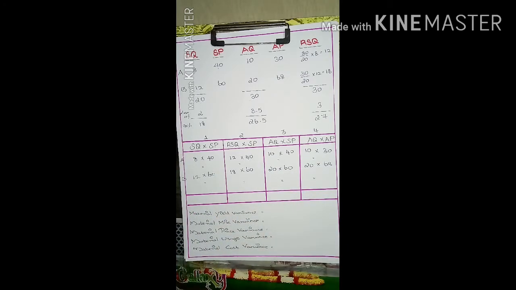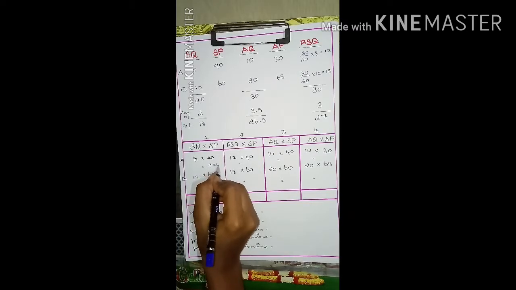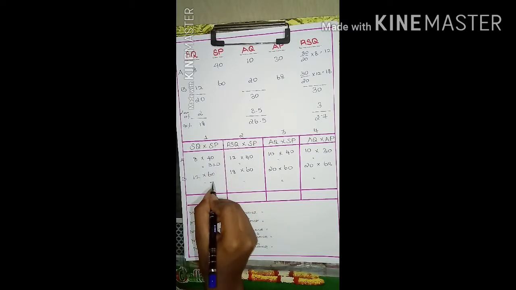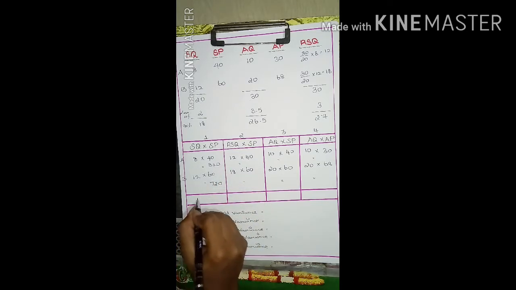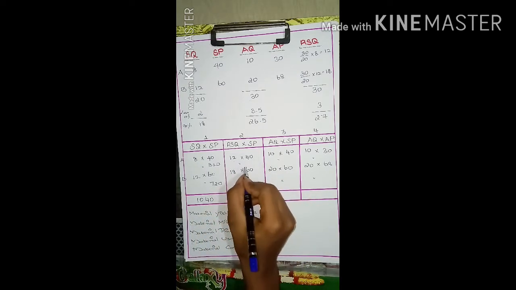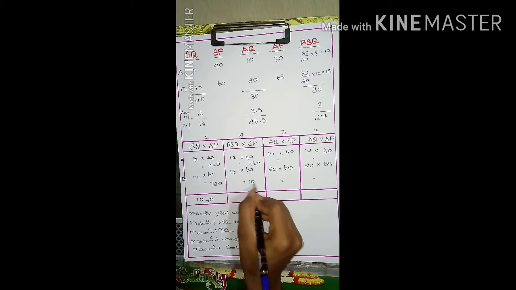Now we have to total everything. 8 into 40 is 320, then 12 into 60 is 720. The total of this column is 1040. Then 12 into 40 is 480, and 18 into 60 is 1080.